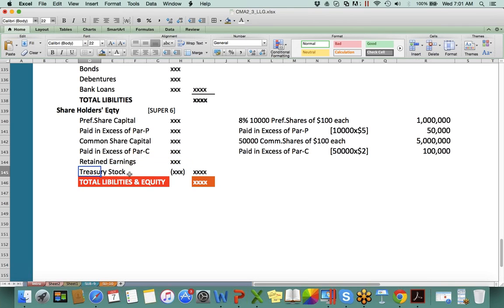And now treasury stock. What is treasury stock? Treasury stock is the stock which is purchased from the market of its own shares, own common shares. Companies do this to gain the advantage of the market when the market goes down, or when there is a heavy cash flow in the company.